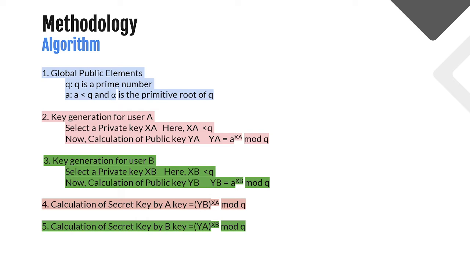Then key generation for user A: select a private key XA where XA is less than q, and calculate the public key YA equals alpha to the power XA mod q. The same happens for user B, the receiver. Then we calculate the secret key by A and the secret key by B. We describe it in the next slide again.